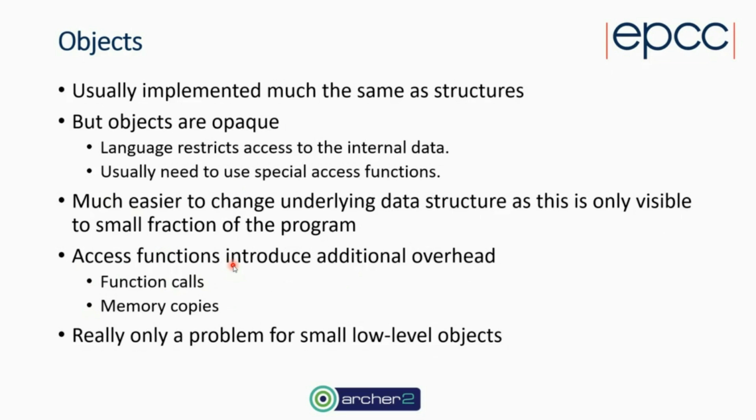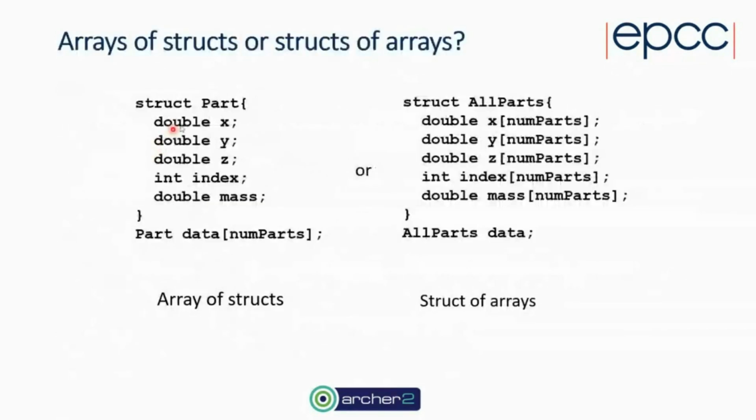So if you're designing an object-oriented program, you wouldn't necessarily want to have an individual function call to access every part of the particle here and get you the X component, the Y component, the Z component. You might want a function call to access an individual particle and then return all the data associated with that particle. Because if you have a function call for each one of these elements, that's going to be 5 times the number of function calls than if you return the particle as a whole.